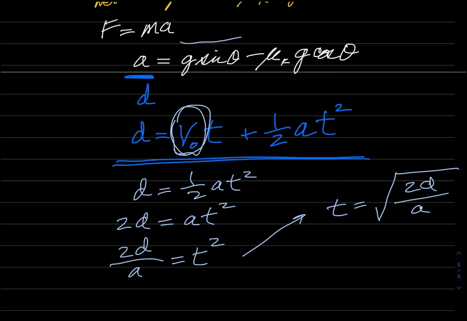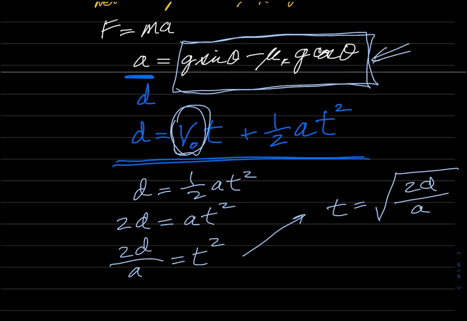And what is a? We just figured out what a is up here. So plug this into here, and that will give you how long it took the mass to slide down to the bottom of that wedge. See, all you have to do is understand what's going on and then do the simple algebra.